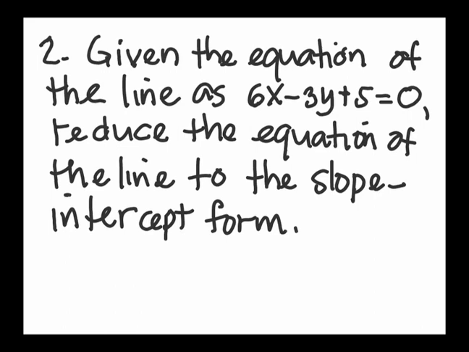Okay, let's have a second example. Given the equation of the line as 6x minus 3y plus 5 equals 0, reduce the equation of the line to the slope-intercept form. Now, let's reduce the given equation to its equivalent slope-intercept form.